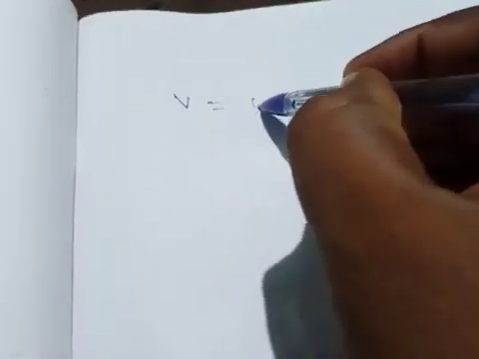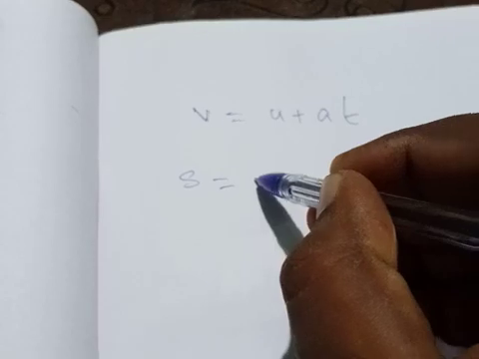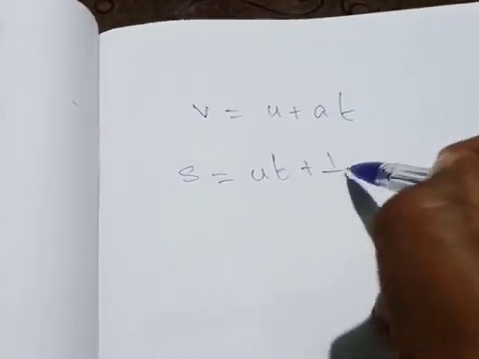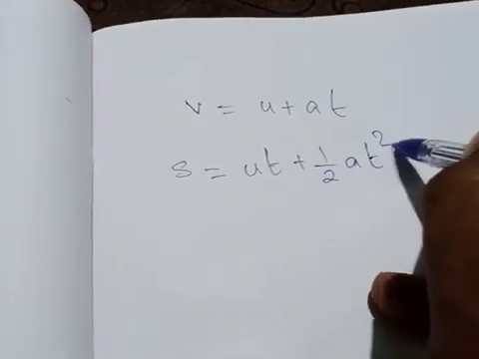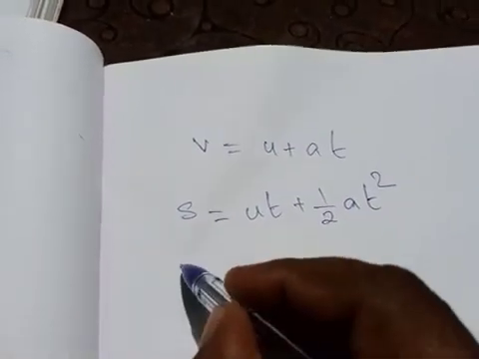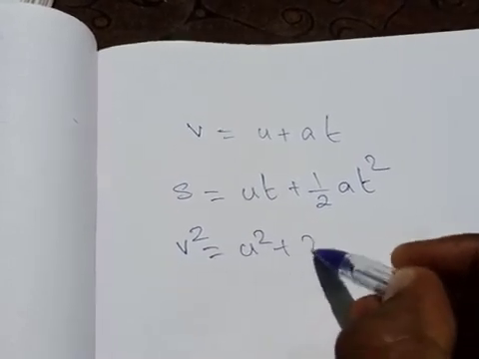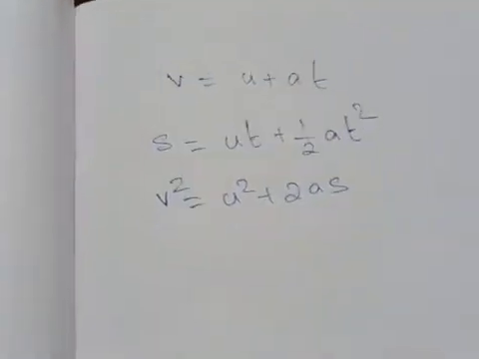We have learned these four equations. V is equal to U plus AT. S is equal to UT plus half AT square. The third equation is V square is equal to U square plus 2AS.